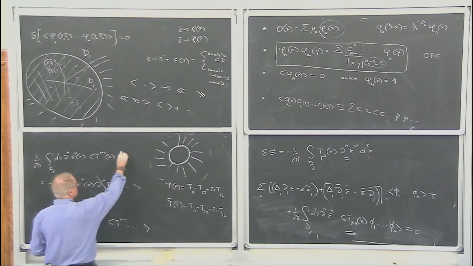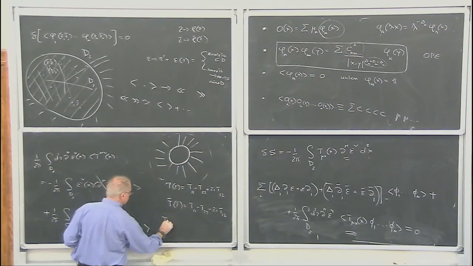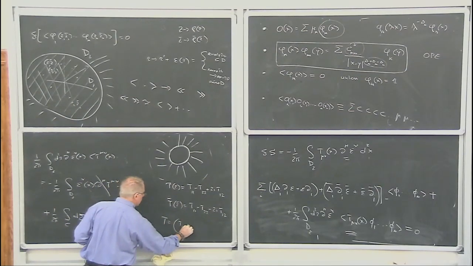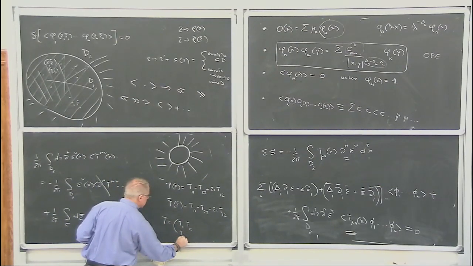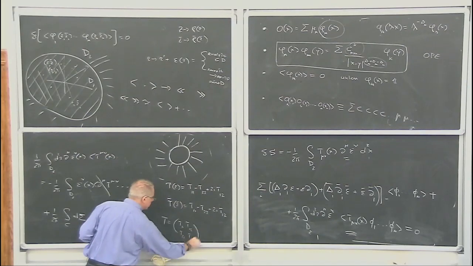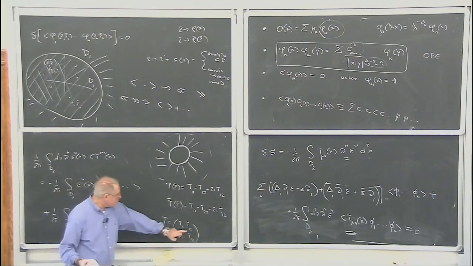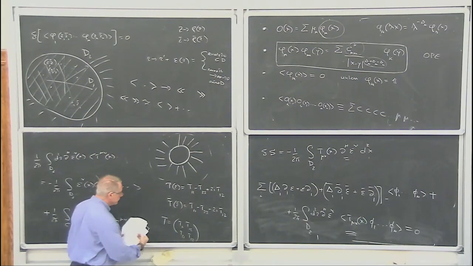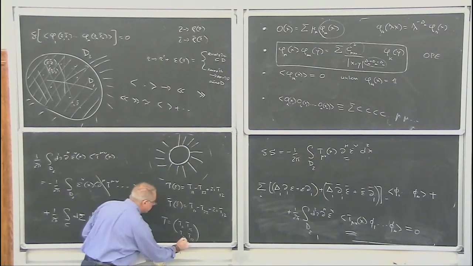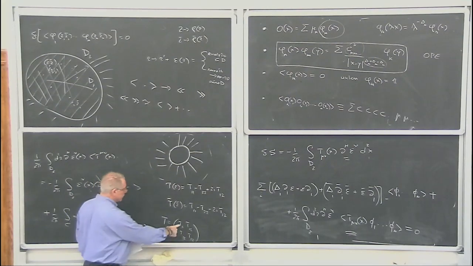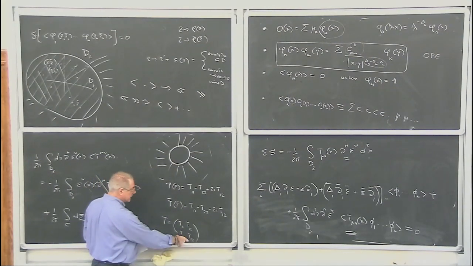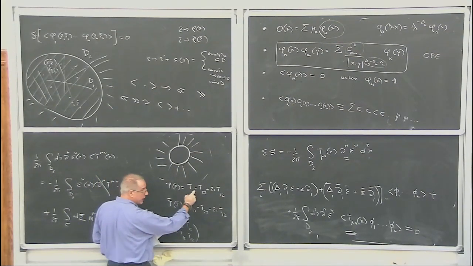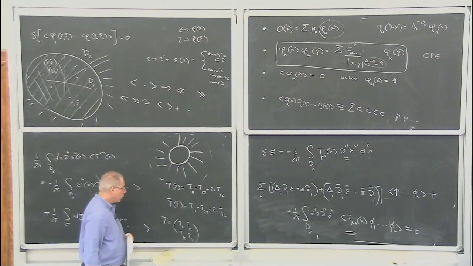My original tensor was T11, T12, T21, T22. T12 is equal to T21 because it was symmetric, and traceless, so T11 plus T22 is equal to 0, so this essentially is twice T11.